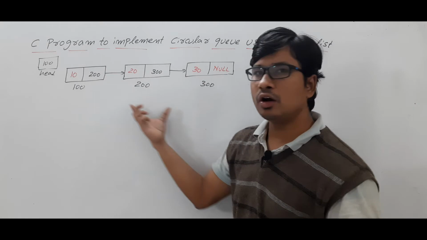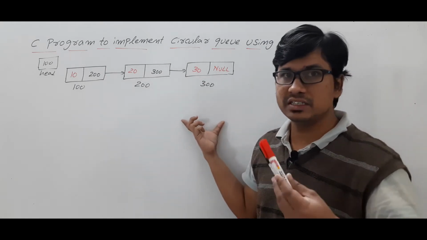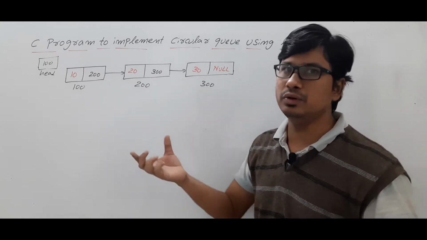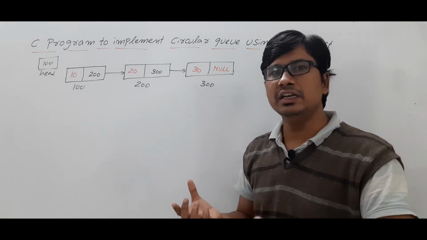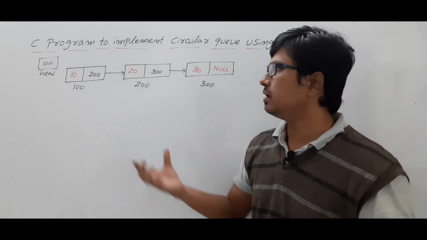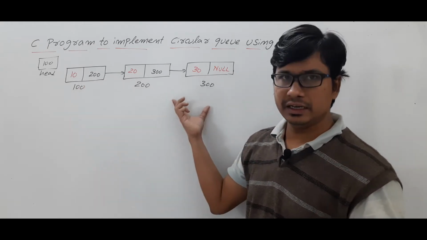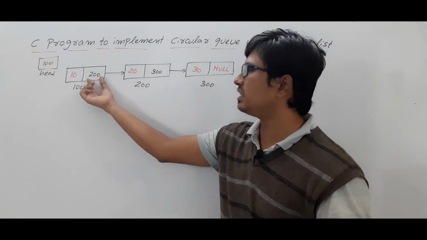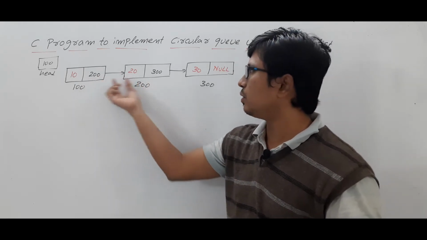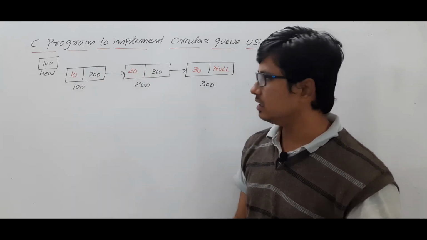So they are not contiguous memory locations, whereas in an array they are contiguous. If you know the base address of the array, you can find any element at a particular index. But in the linked list, they are not in contiguous locations, so you need the address of the next node to access the data in the next node.